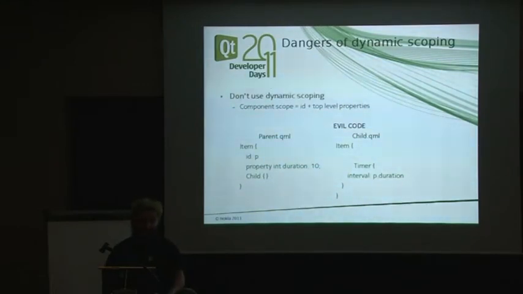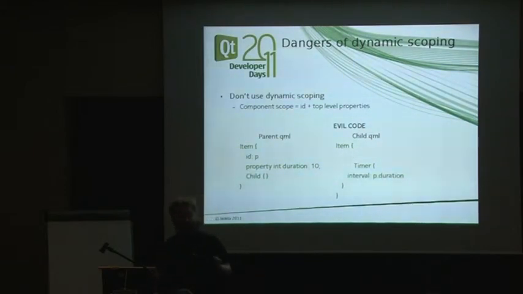Dynamic scoping is, so scoping itself in QML is relatively complex. I don't fully understand it, to be honest. Dynamic scoping is one of the aspects of it, which is relatively simple and dangerous. Dynamic scoping basically means if you access something, if you write down, in that case, a P there, he will look around him in his scope. Is there a P?